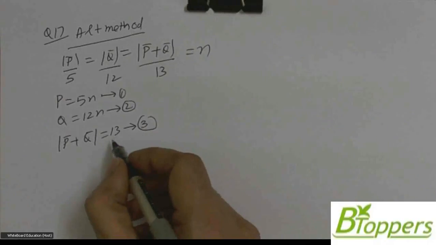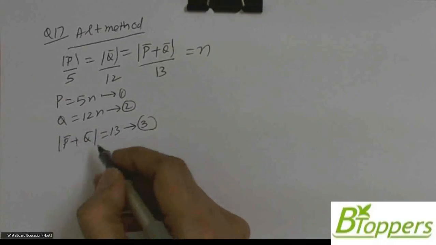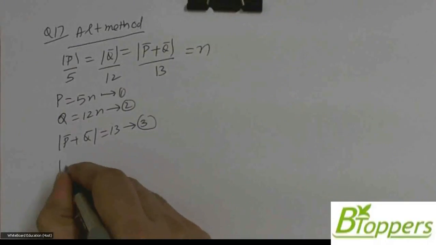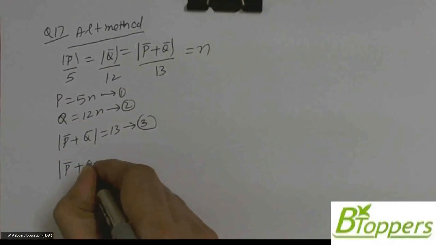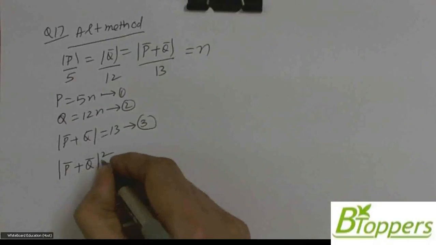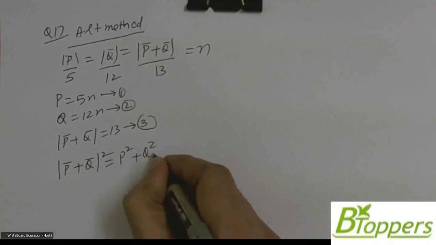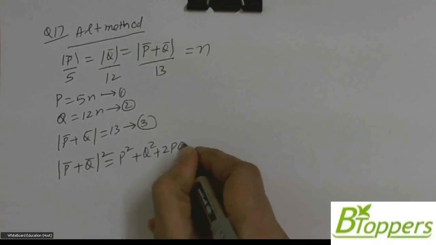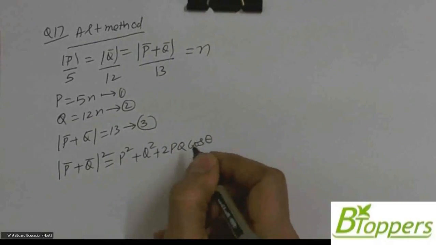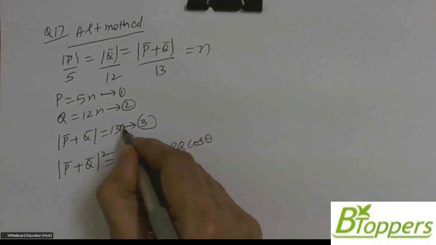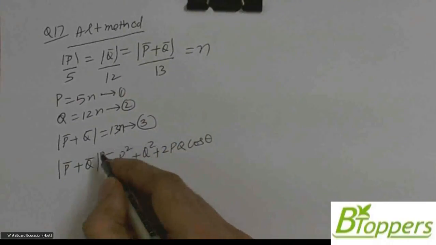If theta is the angle between the vectors p bar and q bar, then we know that the square of the magnitude of the resultant of p bar and q bar equals p square plus q square plus 2pq cos theta. On the left hand side you can write magnitude of the resultant equal to 13n.